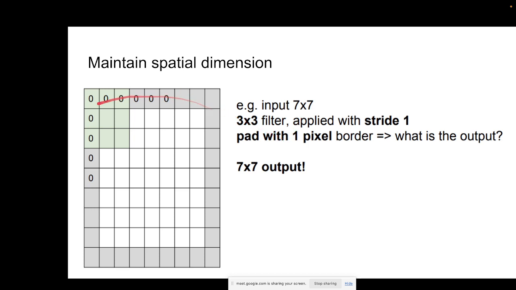It's 2 because you are adding 1 pixel on all sides, on left and right both, so you are adding 2 pixels. That is why instead of 7 cross 7 you get a 9 cross 9 image. So it's basically n plus 2p, that is what your image dimension becomes.